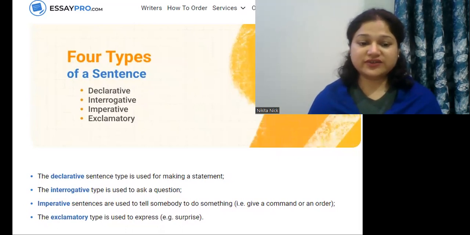Second is interrogative sentences, used to ask a question. Third is imperative sentences, used to tell somebody to do something, or to give a command or an order. Fourth is exclamatory sentences. These are used to express your feelings and emotions, whether it is surprise, wow, hooray, anything.